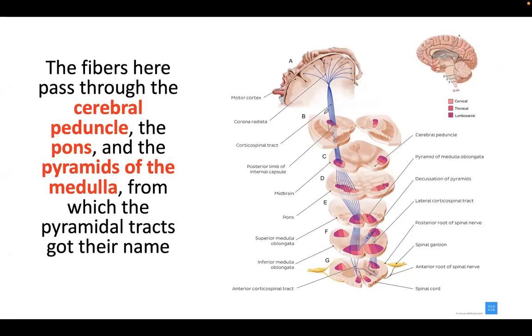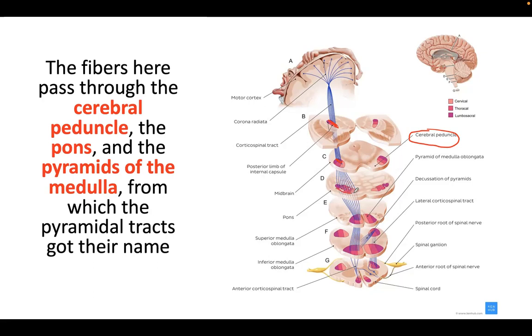So the fibers will pass through the cerebral peduncle. So this is the cerebral peduncle here. This is the posterior limb. Okay, posterior limb. Heads to the brainstem. Passes through the cerebral peduncle. So here, passes through the cerebral peduncle. Then the pons.